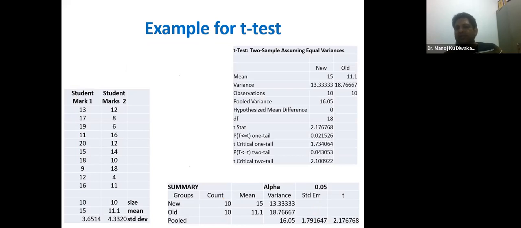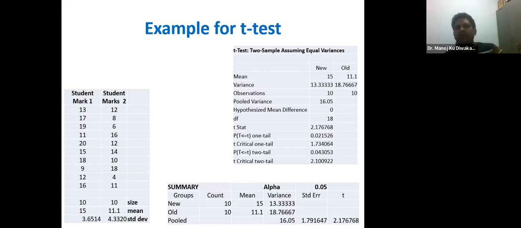Let's say this is an example of the t-test: student marks 1 and student marks 2. Here there are 10 observations, and this is the mean value and this is the standard deviation, and here you can find the calculations.